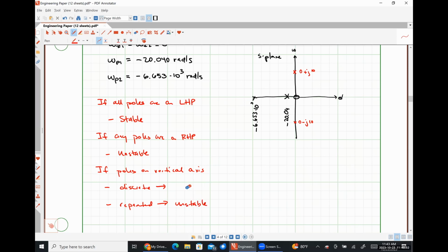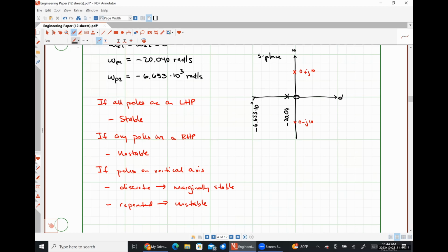Actually, let me put this, instead of stable, marginally stable. What we mean by marginally stable is that a small perturbation can push it towards stability or instability. So these are what our pole zero constellations will look like.